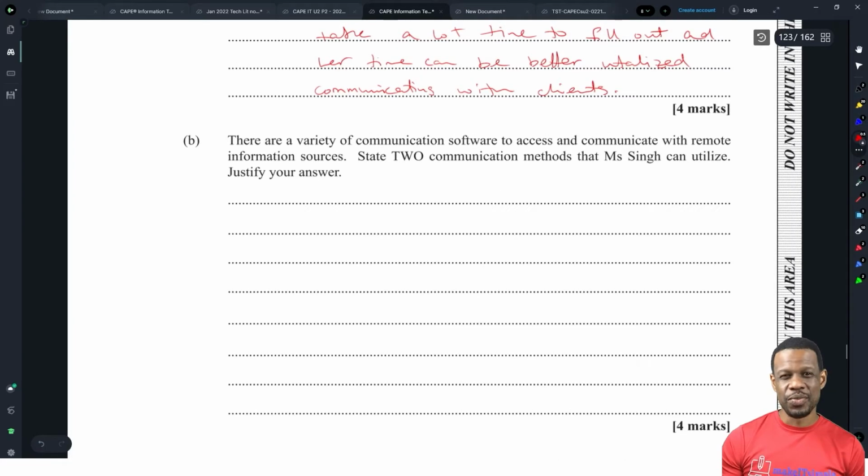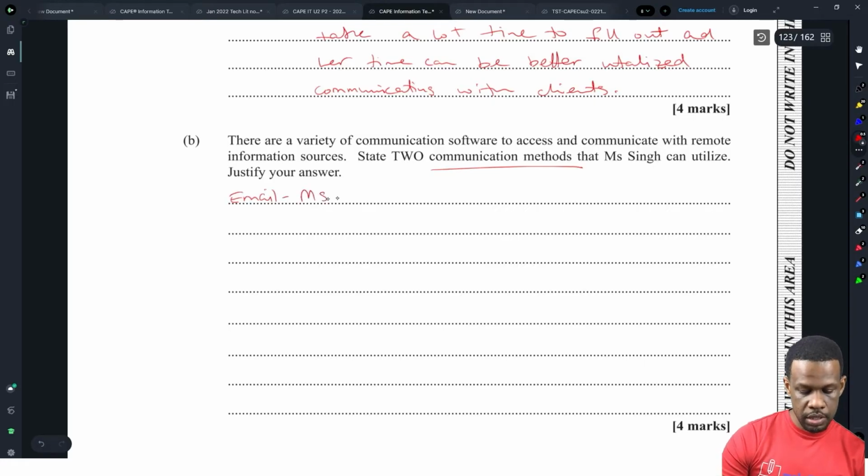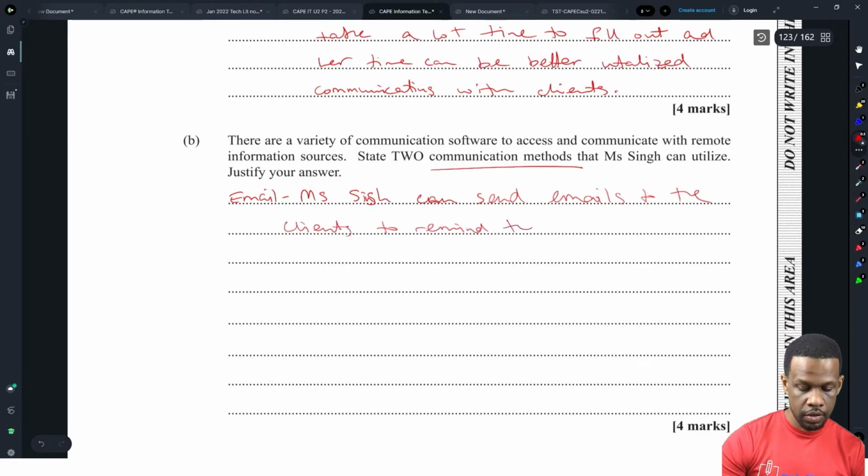One of the easiest ones, since they clearly want you to use IT-based communication tools, is email. Miss Singh can send emails. Make sure you match it back to the scenario, because that is important. Send emails to the clients to remind them of their appointment.